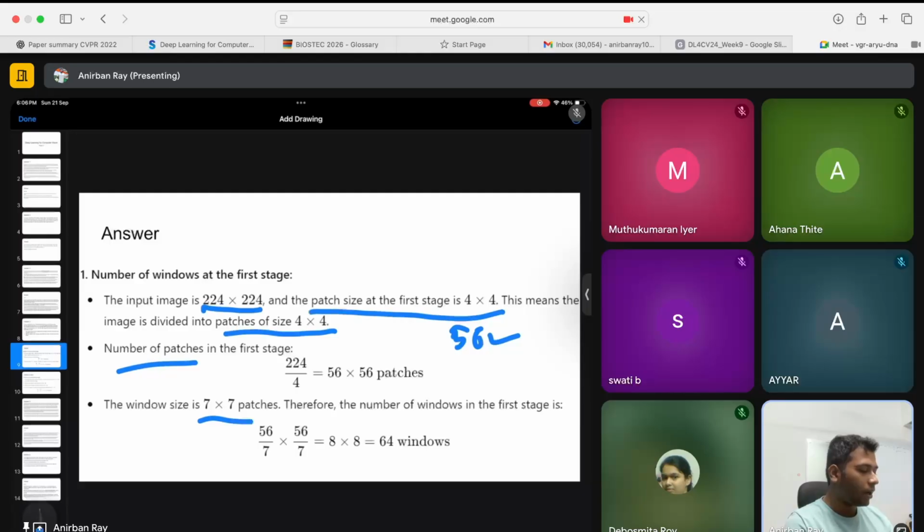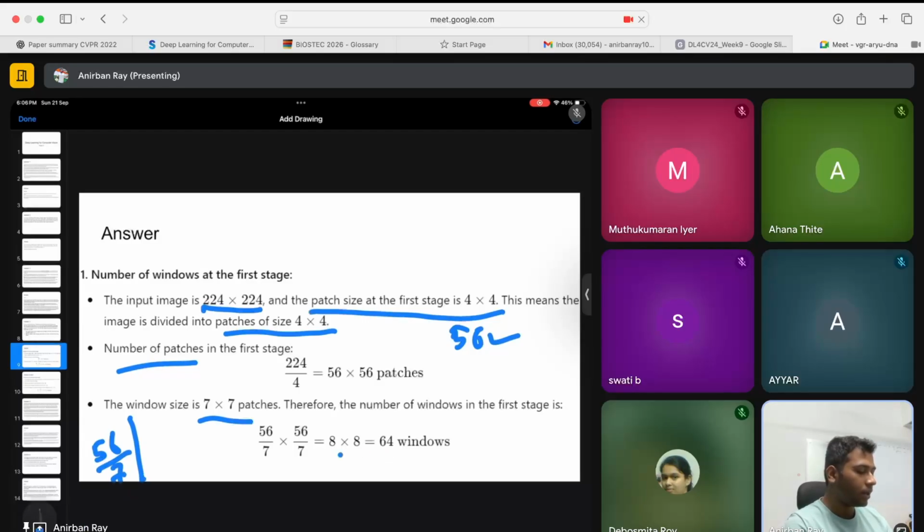Okay. Now the number of windows in the first stage is, okay. Now you understand that along each column or each row, you have 56 patches. Okay, and you need to find how many windows there are along this row, and each window contains 7 patches, so divide by 7, right?